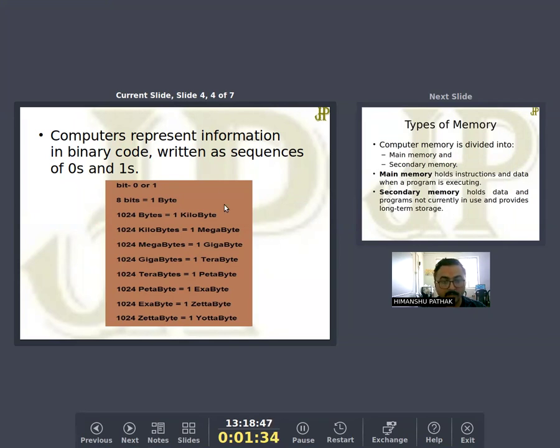So you have to memorize this list. 1 byte is equal to 8 bits. 1024 bytes make 1 KB, that is kilobyte. 1024 KB is equal to 1 MB, that is megabyte. 1024 MB is equal to 1 GB, gigabyte. 1024 GB is equal to 1 terabyte. And this goes up to yottabyte.